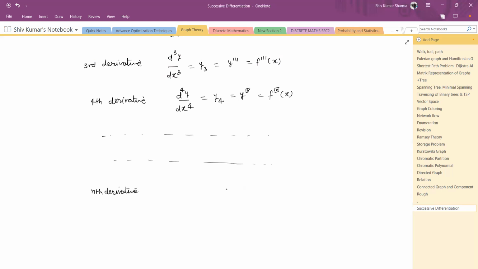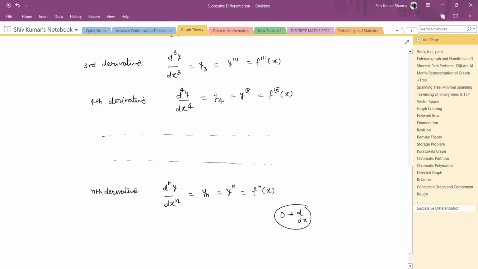We write d^n y over dx raised to the power n, or this is equal to yn, the nth derivative, or similarly y raised to the power n is equal to f^n x. One representation is that. Another is when we use capital D to stand for differentiation, and we write D is equal to d over dx.